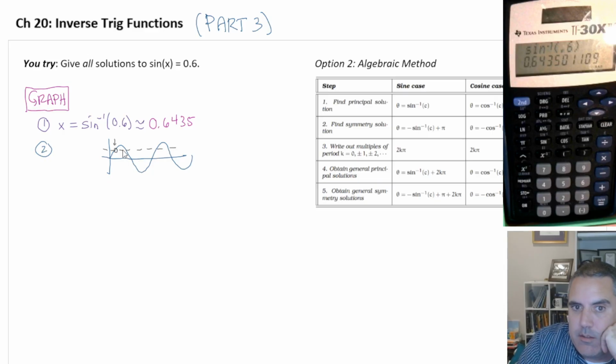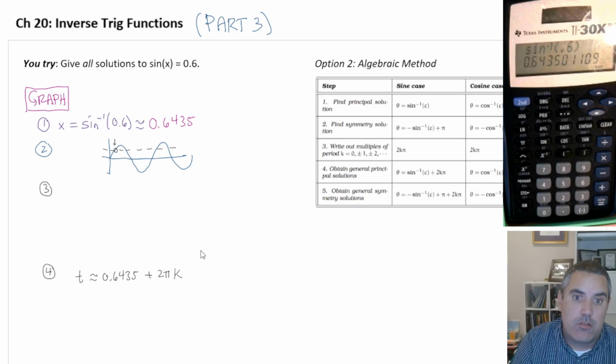I know it repeats every 2 pi. So I'm going to use symmetry, and then I will be done. At the end of the problem, one of my family of solutions will be 0.6435 plus 2 pi times k, where k is an integer. And that will give me all of these solutions here.